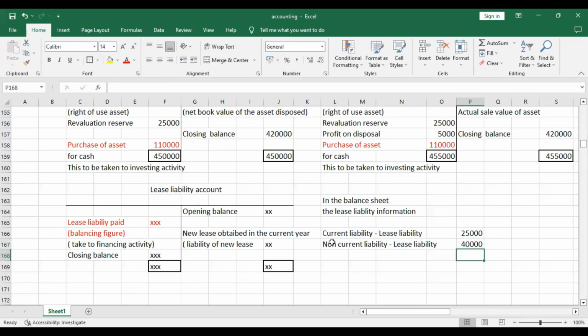That is it. Current liability, non-current liability. This is for 2022.